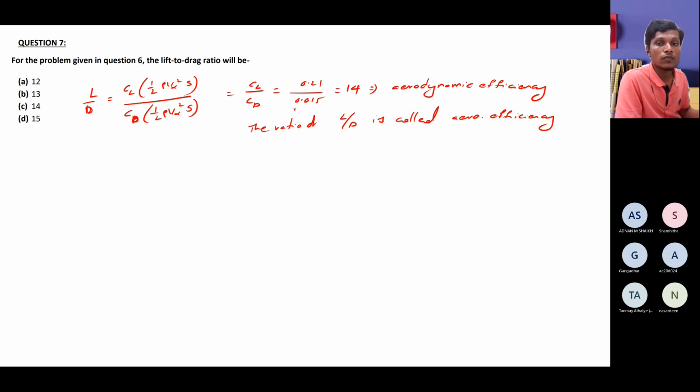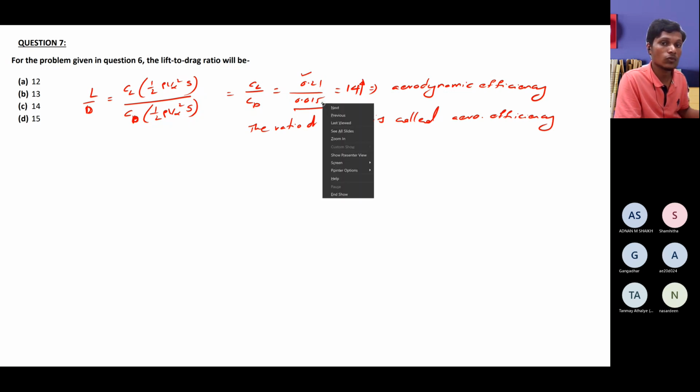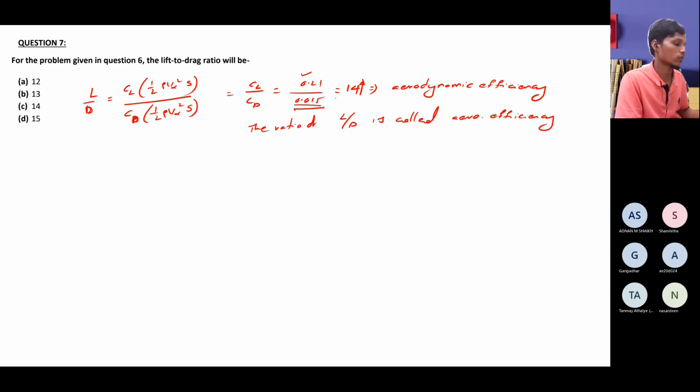If the drag is very much less and the lift is very much higher, your efficiency will also go high. So it is necessary and very useful if you find some technique to decrease the drag to increase the overall aerodynamic efficiency, so that we need very little power to travel in flights or any aircraft. So let's go to the next question.